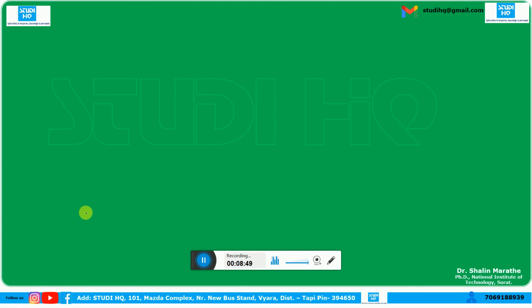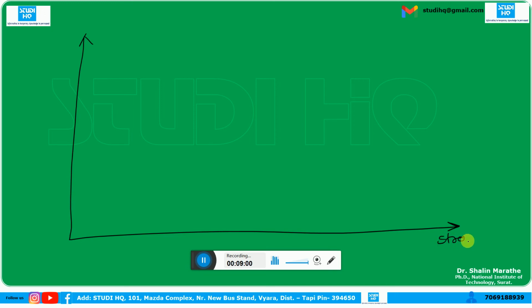Now let us see that. Consider this x and y axis. Here I will write strain, and here stress. I will not write engineering stress or true stress because we are plotting both the graphs, overlapping both the graphs.